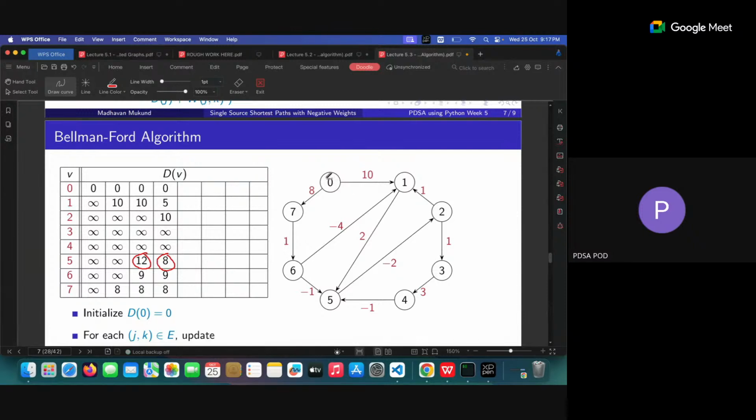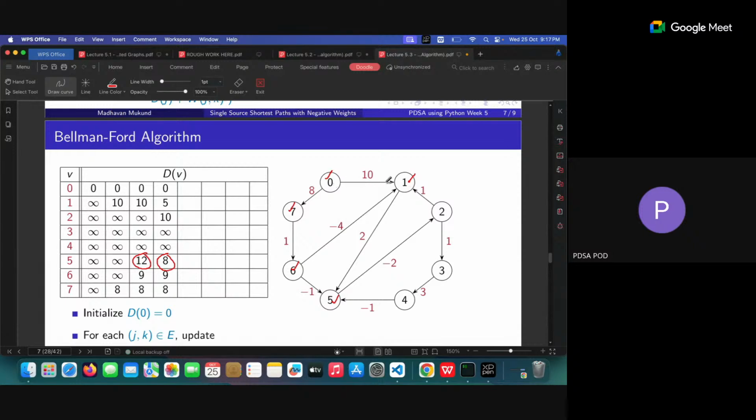So earlier 0 is visited. Then 7 is visited. Up to here, it's already done. Then 1 is visited. After that, 6 is visited. Then 5 is visited earlier. Clear? Then what happened, we are trying to update other values. In this one, they are trying to traverse for 2.